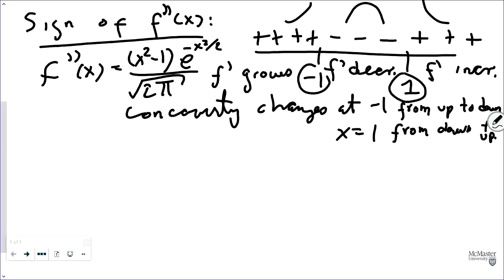So, well, we know that these are inflection points, that is already said.